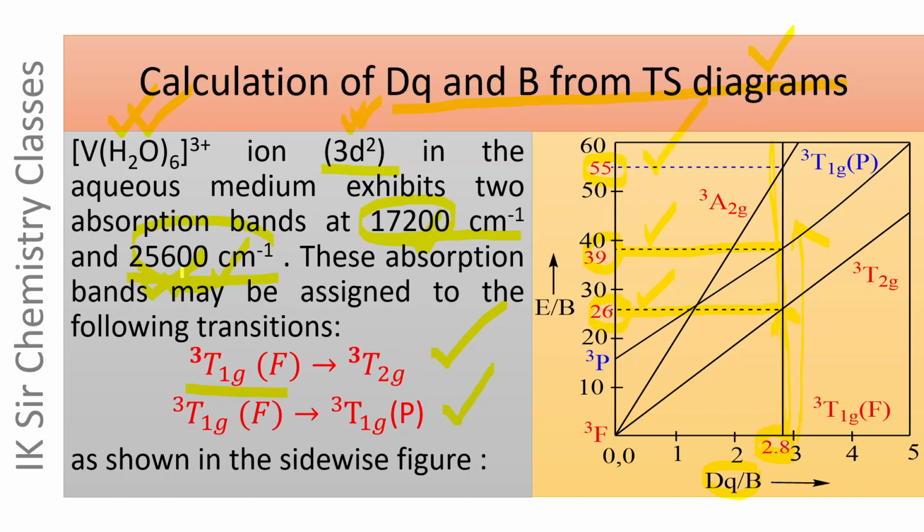The ratio of E2 by B to E1 by B is 1.5. In this case also, the ratio of 39 and 26 is equal to 1.5.